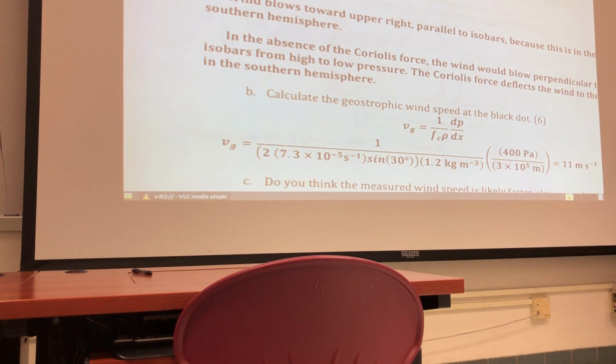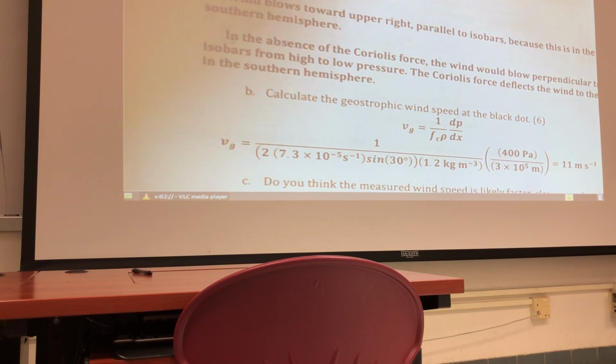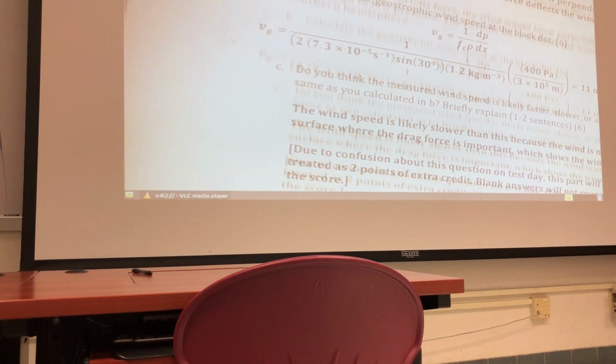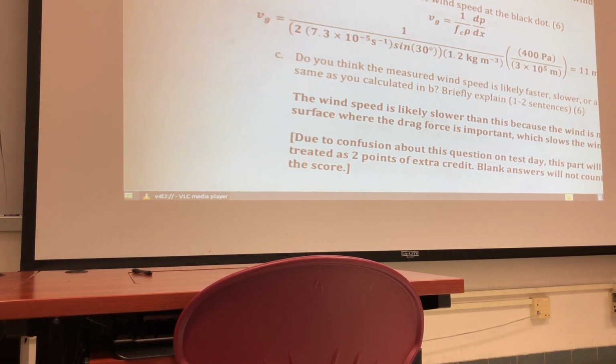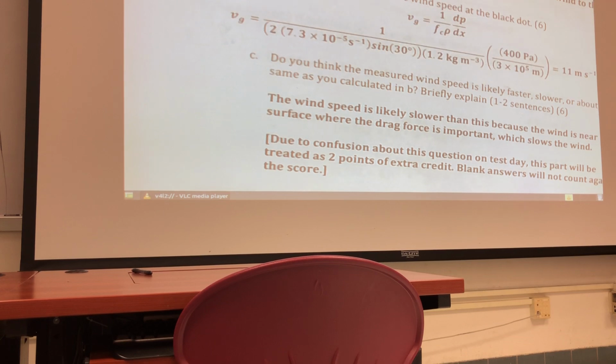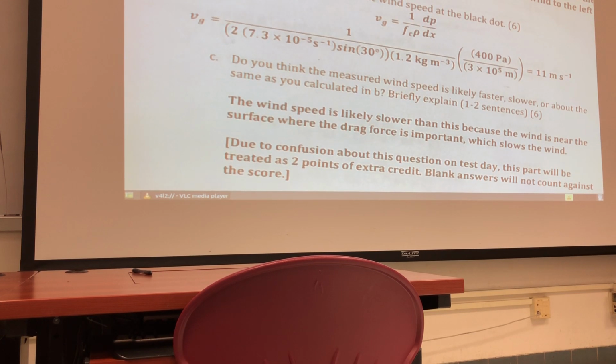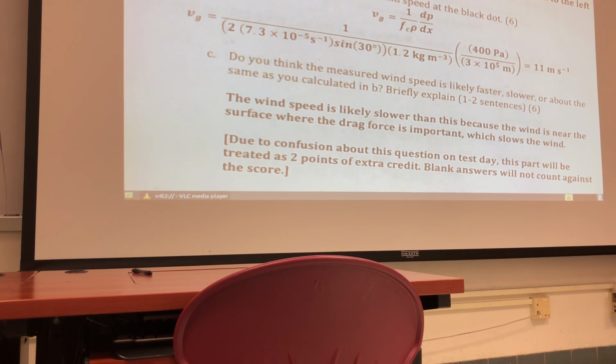you've seen the solution. And the final bit, which I know, basically we converted this final question, which said, do you think the measured wind speed is likely faster, slower, or the same as you calculated in B? I'm sorry, this just got messed up because the numbering was messed up, and we didn't find that out until later.